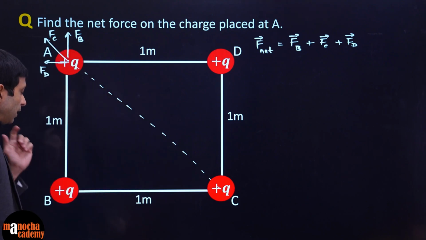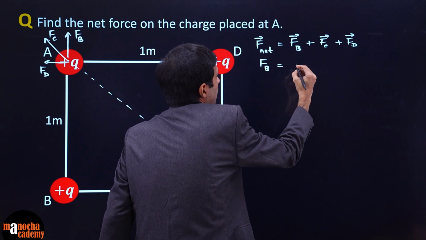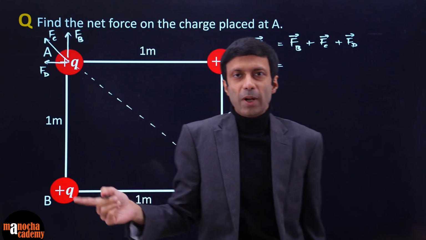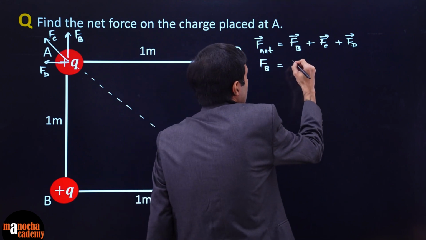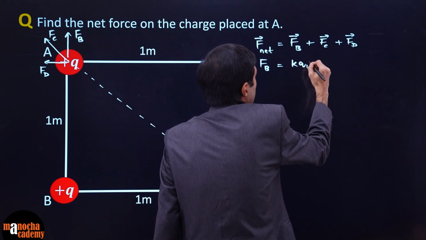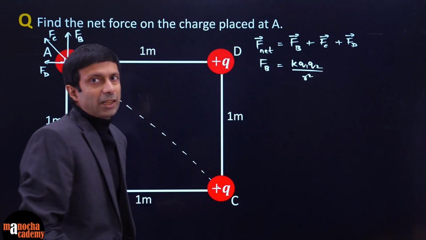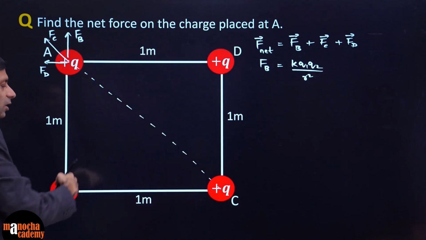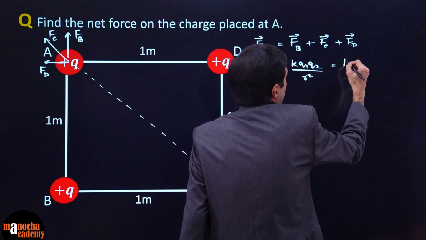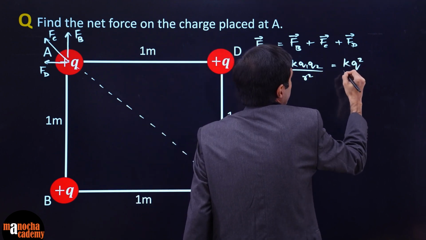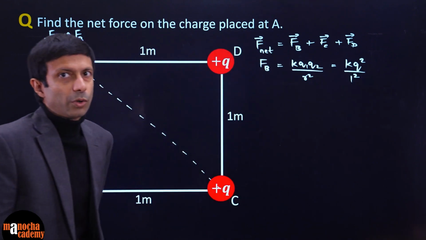So what will be the magnitude of the force due to B? FB is going to be K Q1 Q2 by R squared. Both the charges are the same, so it's basically going to be K Q squared divided by the distance, which is 1 squared. So this is going to be K Q squared by 1 squared, which is basically K Q squared.